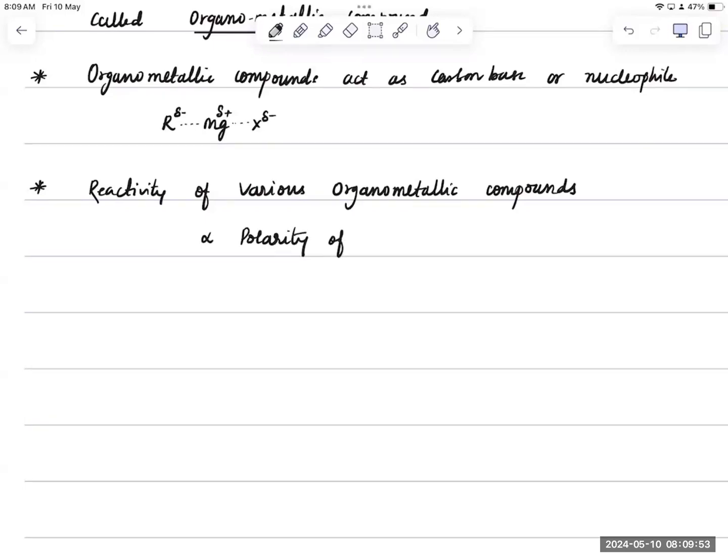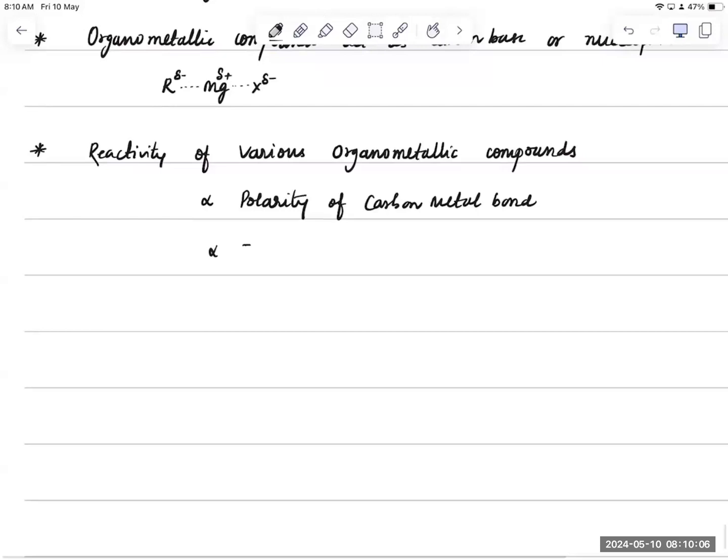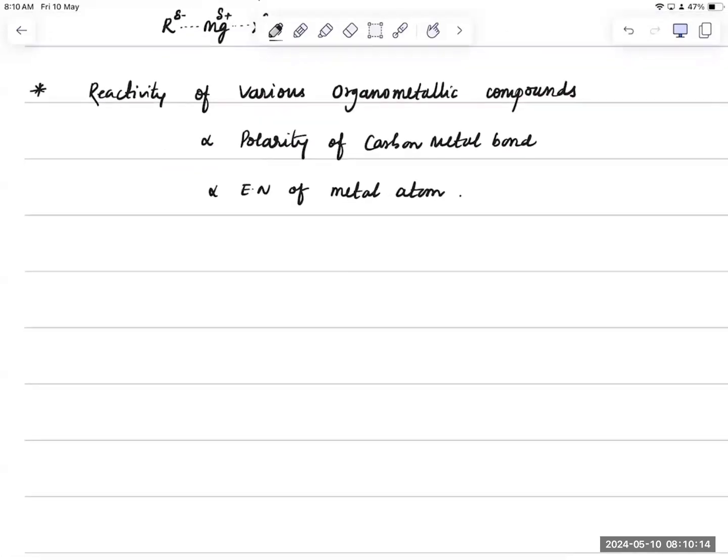So the polarity of the carbon-metal bond, how much carbon anion character it is getting. Second is the electronegativity of the metal atom.